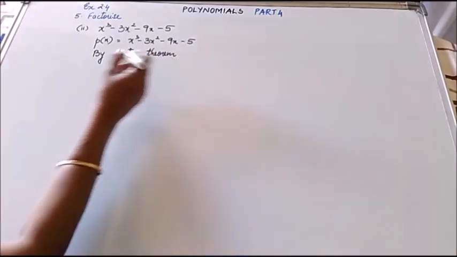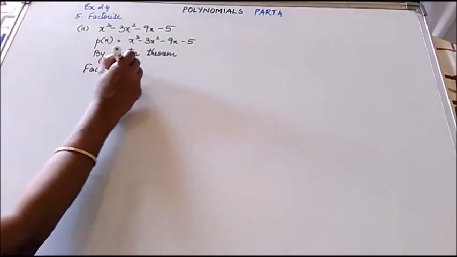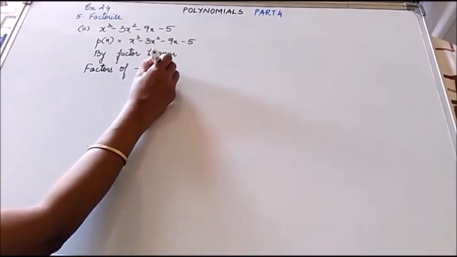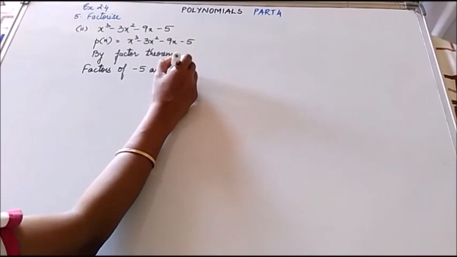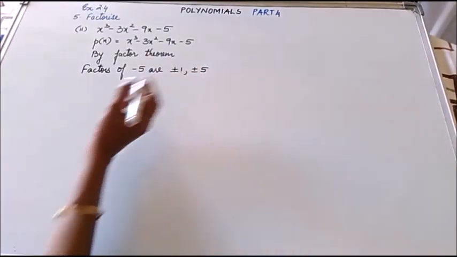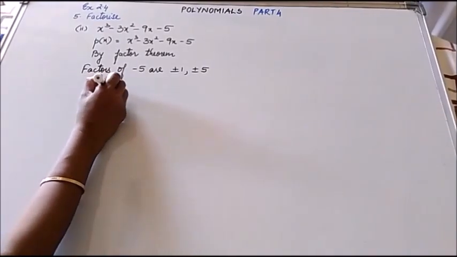So you get minus 5. Factors of minus 5 are plus or minus 1 or plus or minus 5. Now let us take here x equal to minus 1.